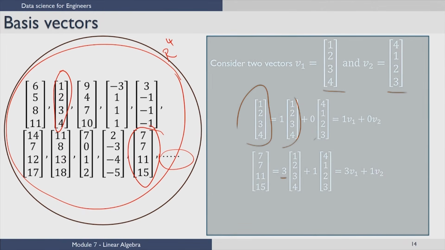because of the way in which these vectors have been generated, they do not need 4 basis vectors to explain them. All of these vectors have been derived as a linear combination of just 2 basis vectors which are given here and here. So, in other words, all of these vectors would occupy a 2-dimensional subspace in R4.